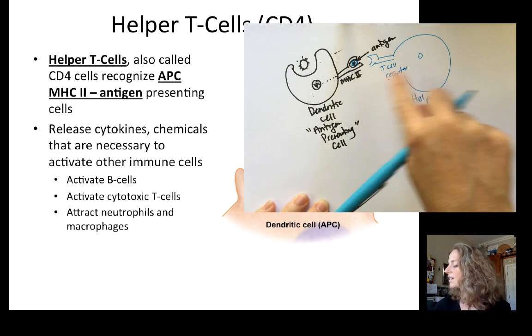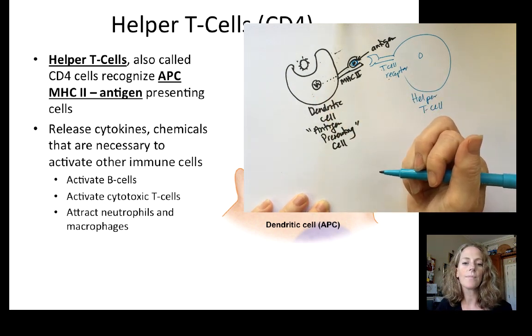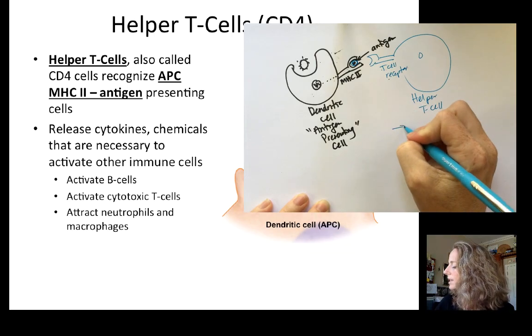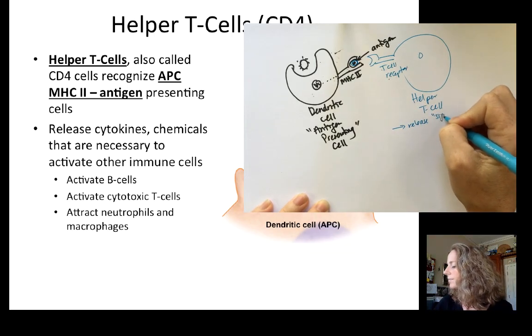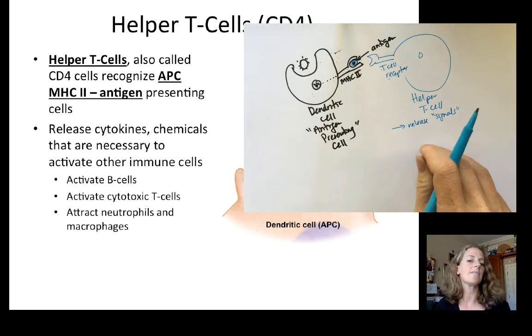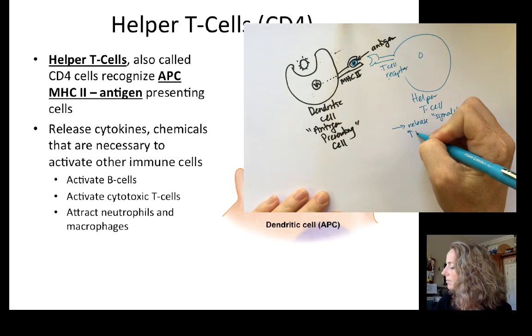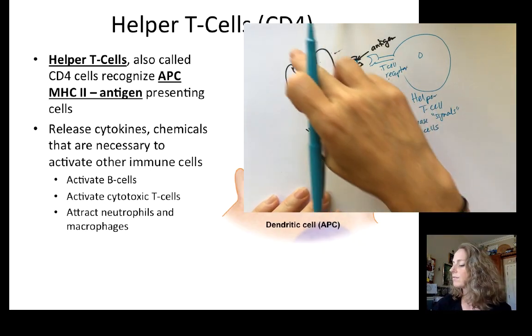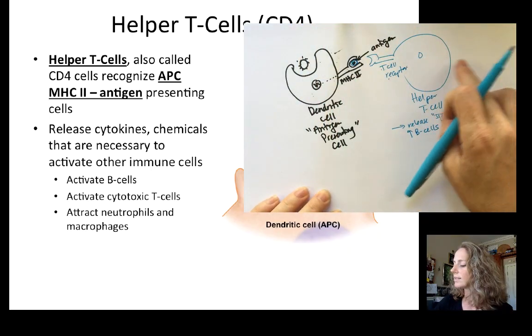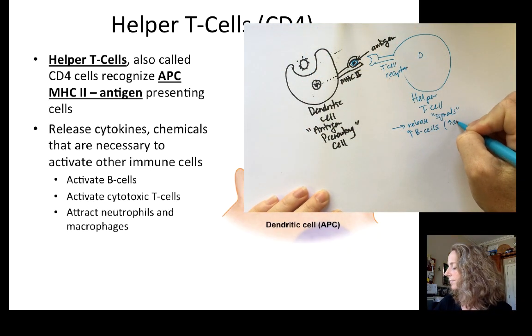When a helper T cell finds an active antigen presenting cell, it's going to release signals that will activate the rest of the immune system. They're going to activate B cells so that the B cells can look around for the same bacteria floating around and make antibodies.